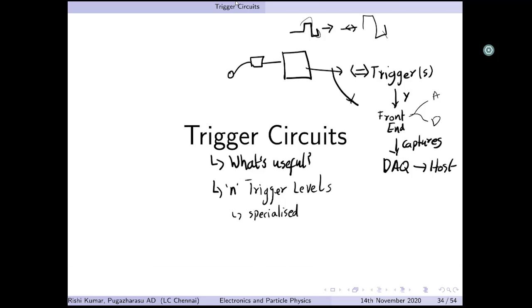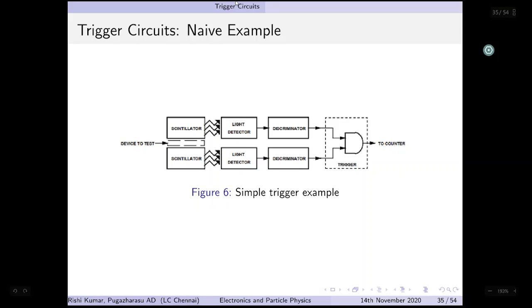So yeah, this is a simple example. You go to the scintillator. The scintillator gives off light, and the light detector here is either a silicon-based photomultiplier or just a bunch of photomultiplier tubes. This then goes to the discriminator, which acts as a limiter. It cuts off. So this tells us exactly what frequency of light, for example, is necessary.